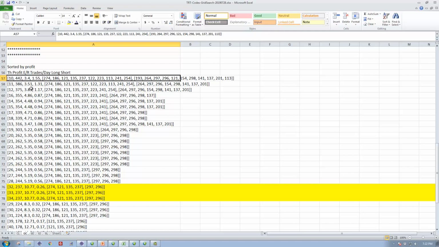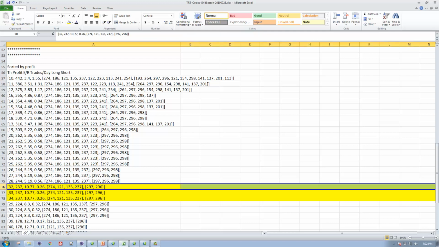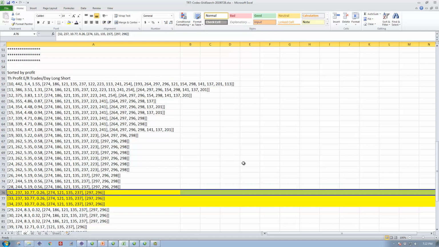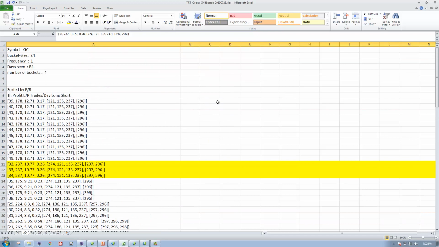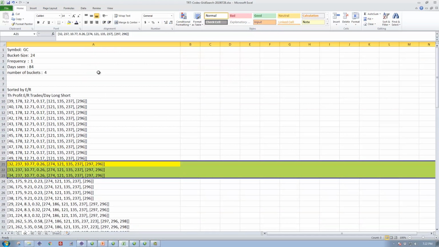That's gold, $4,420. But you're only making 3.4 ticks per trade because you're taking so many trades to get there. So the best balance here for me, it seems pretty obvious where the cutoff is. It's right there. Okay, so my candidate here is going to be the final. So let's change this to green.